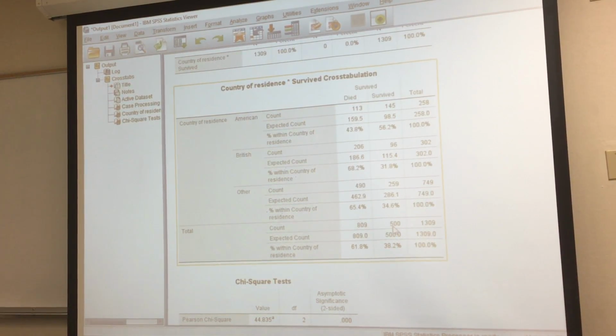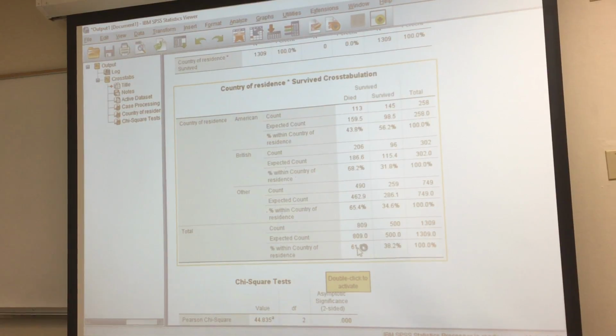That's the actual count. And the second row here is the expected count. The expected count is the same as the actual count here in total. And the third row is the percentage within country of residence. What does that mean?